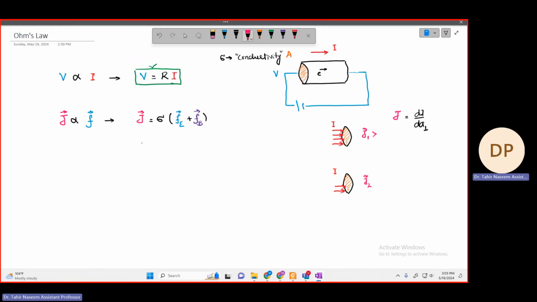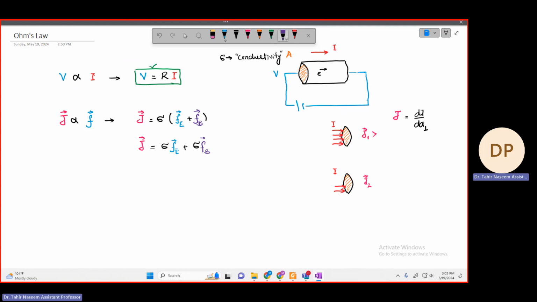So if I open this up, J will be equal to sigma Fe, electric force per unit charge, plus sigma Fb, magnetic force per unit charge, right?